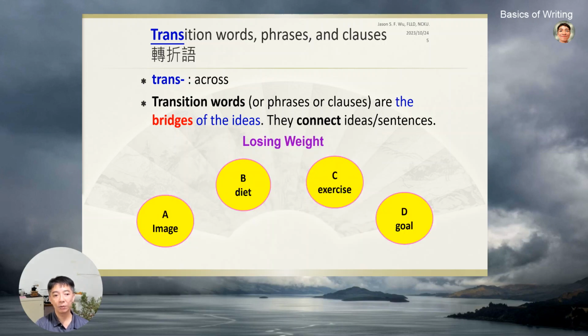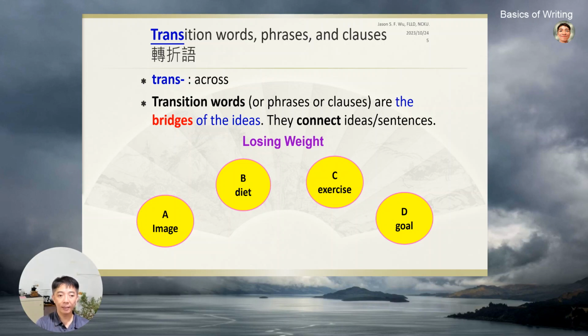So if you want to talk about losing weight, you can try to talk about how to do that, right? Maybe the ultimate is the goal. How can we achieve this goal? Now you can begin with how to improve your personal image by losing weight. This could be a hook, or it could be the introduction.